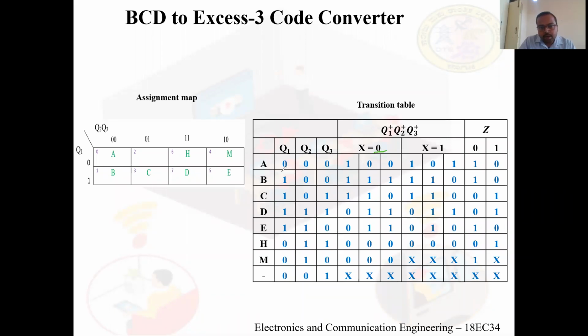X is 0 here. And this is Q1, Q2, and Q3. And X is 0, and this is nothing but Q1 plus. So what are the values we have? We get 8 values here.